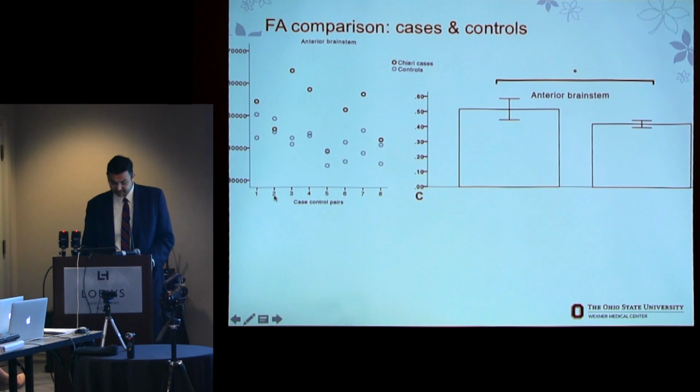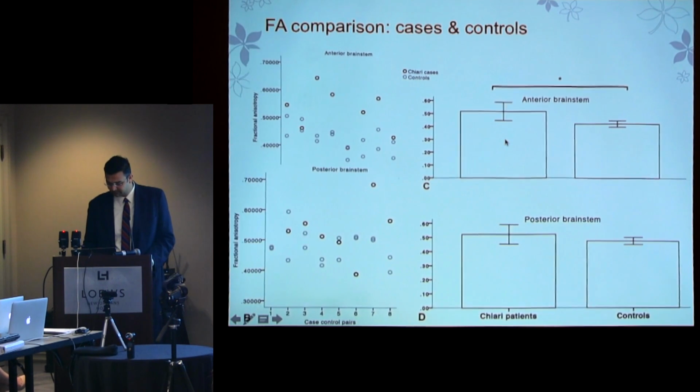Patient number 2 had syrinx, as we said before, and patient number 8 again had FA higher but very close to the controls as well. When we look at the overall summary statistic, this is statistically significantly different: the anterior brainstem FA was higher in CM1 patients than controls.